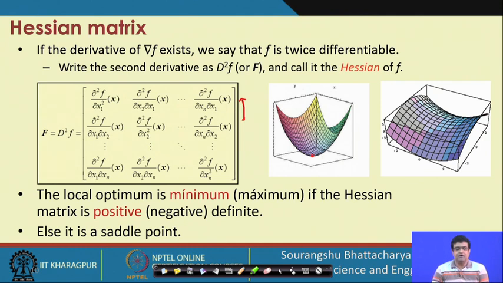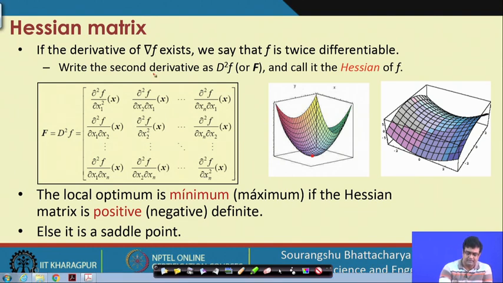Another important quantity in case of differentiable functions is the Hessian matrix. For defining the Hessian matrix, firstly the gradient of f has to be a differentiable function. If that is the case, then we can write the matrix of second derivatives of f like this.